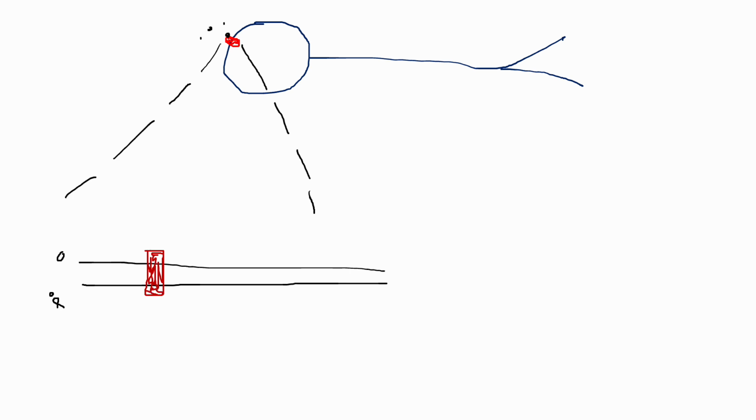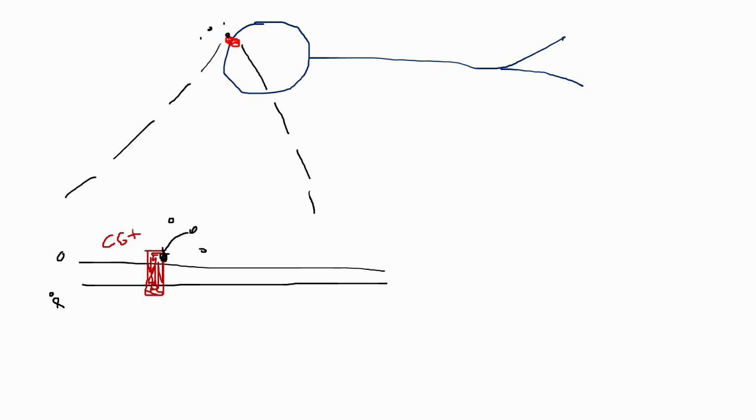And we said this was a chemically gated cation channel. So I'm just going to indicate that with a plus sign. So neurotransmitter was floating around out here, released from our presynaptic neuron, and it binds your chemically gated channel.